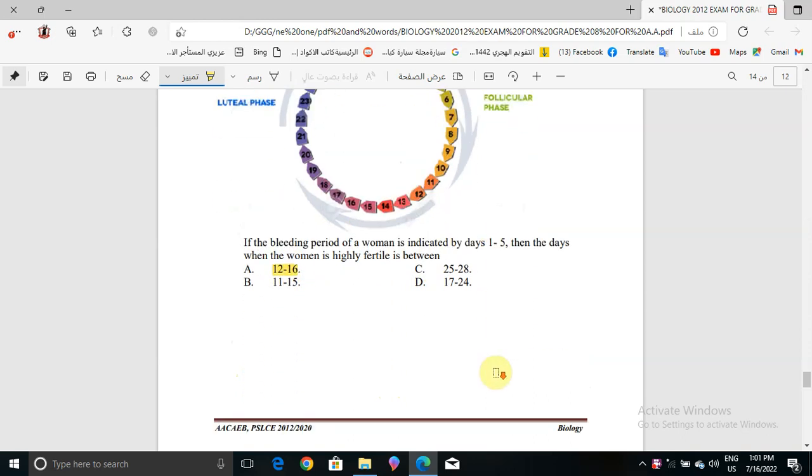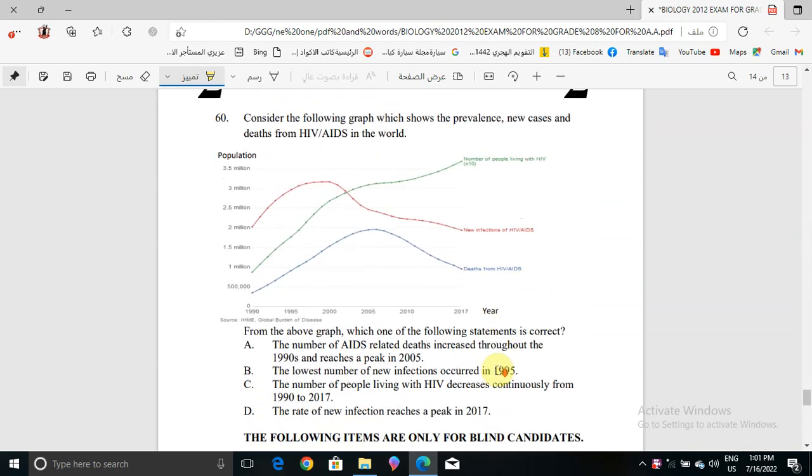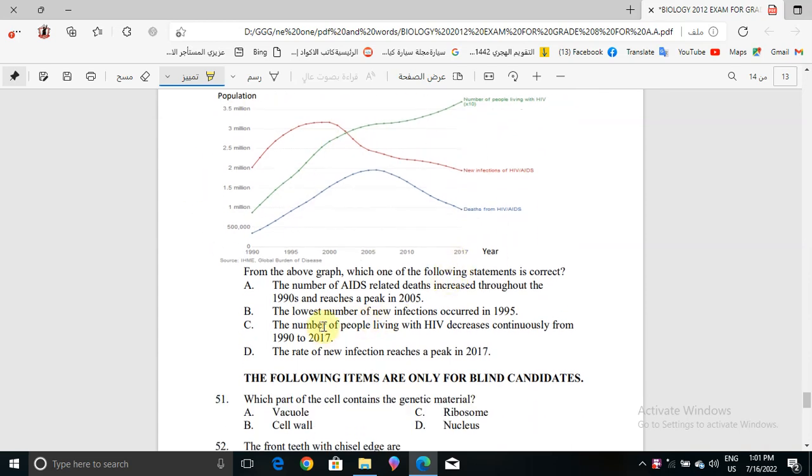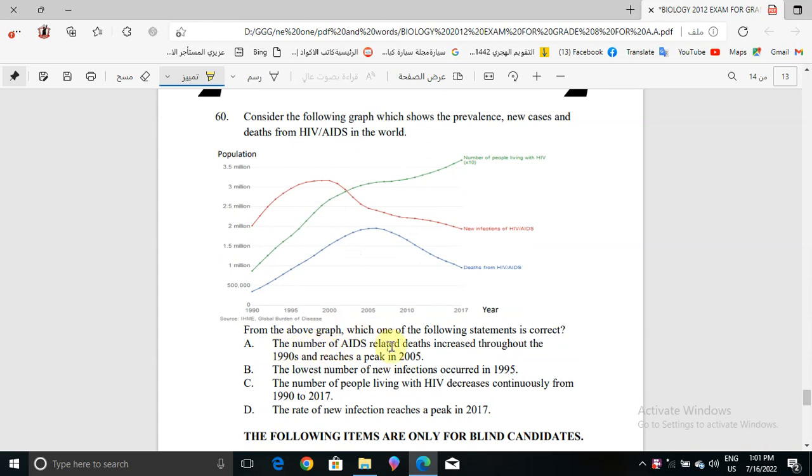Now question number 60 is asking, consider the following graph which shows the prevalence, new cases and deaths from HIV/AIDS in the world. Here we have the data, and it asks which one of the following statements is correct. The number of AIDS related deaths increased throughout the 1990s and reached a peak in 2005.